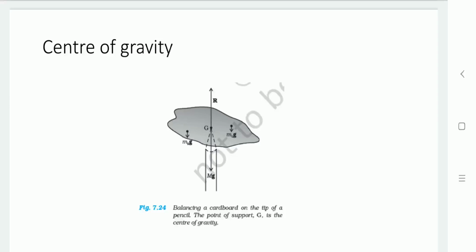At one end there is a mass m2 whose force acts downward. At the right side of the cardboard, the force m1g again acts downward. So three forces act vertically downward: capital Mg at the tip of the pencil, m2g on the left, and m1g on the right. The resultant opposite force, the reaction, acts vertically upward from the tip of the pencil, defining the center of gravity.